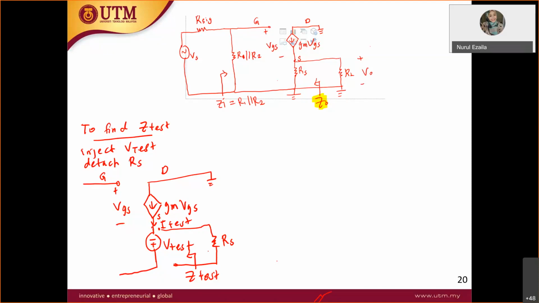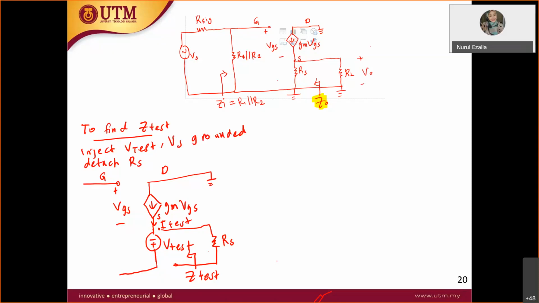If you draw it upside down, you will get your VGS. Since you inject V test, V source will be grounded, so the only voltage available here is V test.